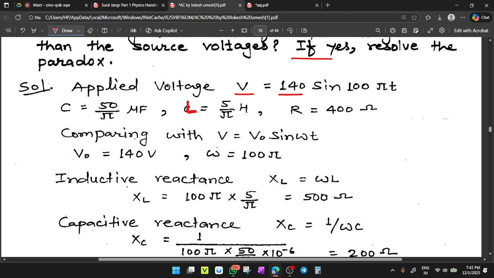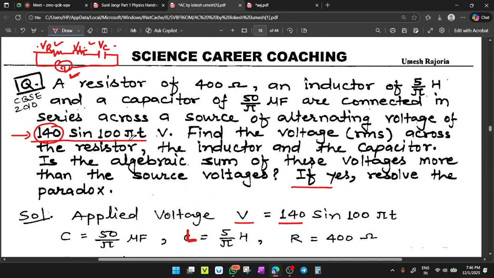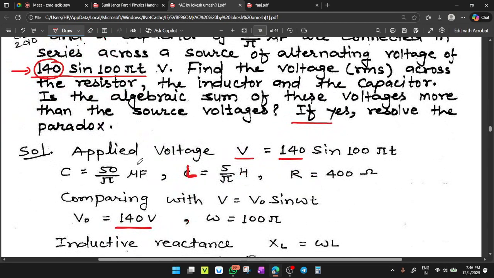Now comparing with the voltage V equal to V naught sine omega t, the maximum voltage this supply can provide equals 140 volt, and omega equals 100 pi.